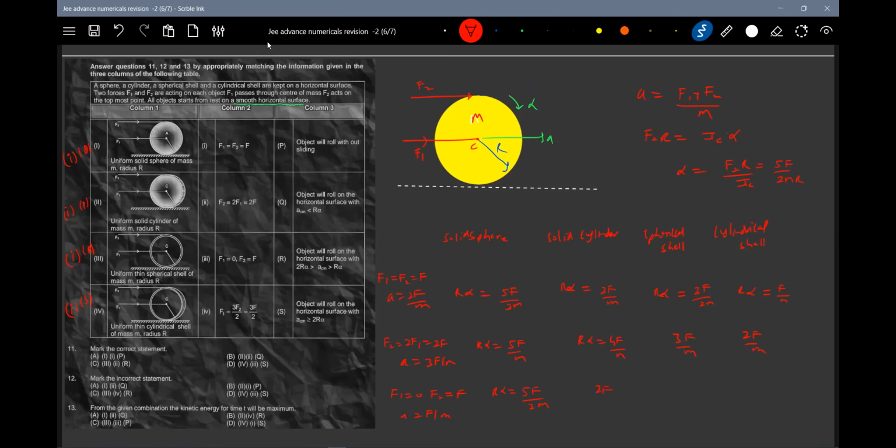This will be 2F by M. Even R alpha you are writing many times, better write R alpha somewhere here, only R alphas for different things. You can save time by not writing R alpha many times. Are you noticing? I think in exam, so many parameters matter. How you manage what to write, what not to write.